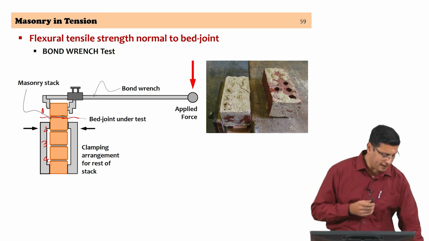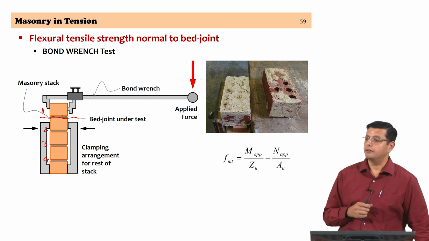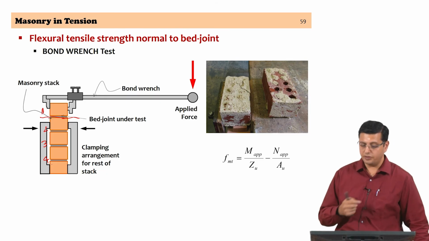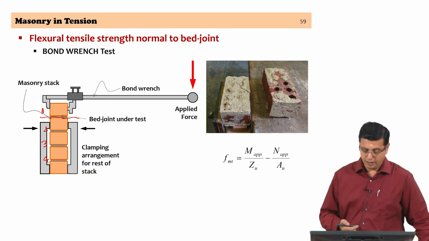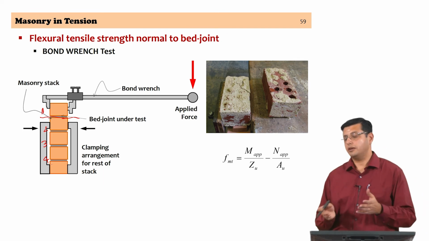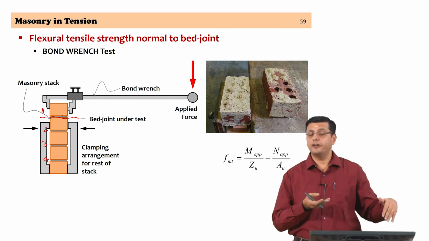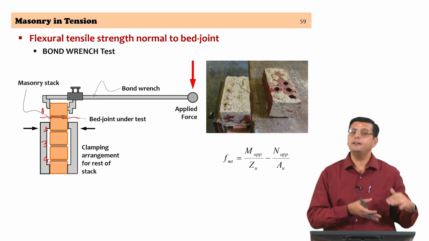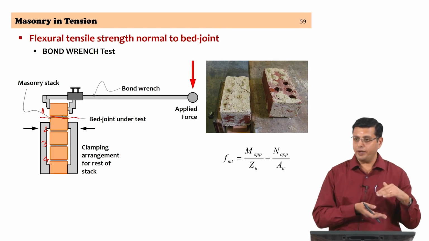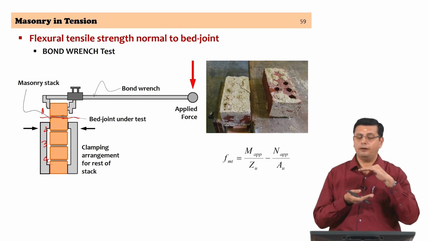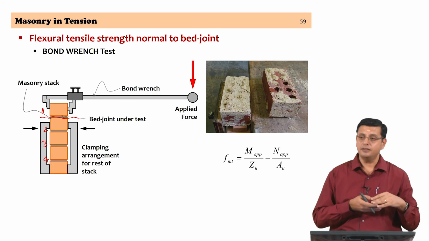So, you can then estimate what the flexural tensile strength of the bed joint itself is. You need to consider the fact that there is some pre-compression. There is no additional pre-compression being applied, but just under the self weight there is going to be some compressive stress in the setup.